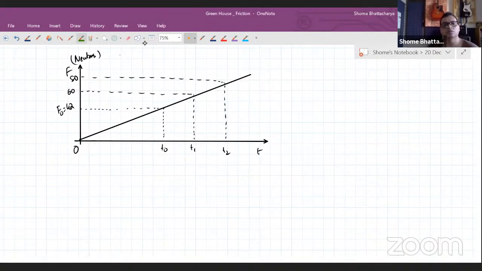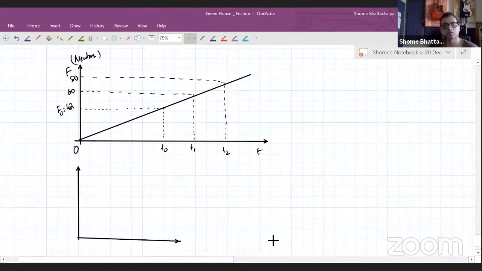So now simultaneously, if we look at the acceleration versus time graph, acceleration in meters per second square, now this time is t naught.